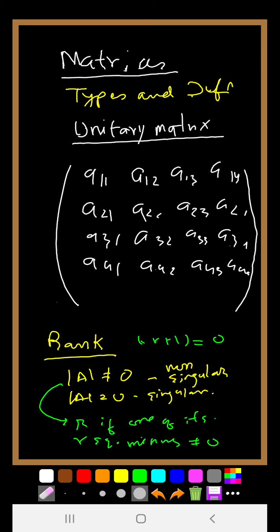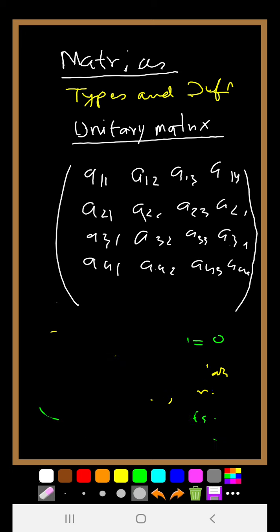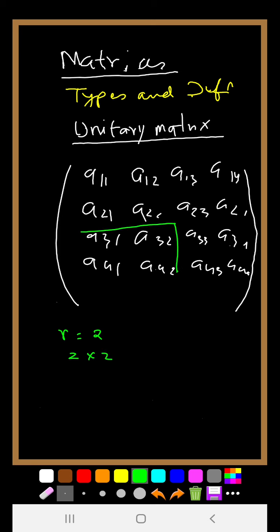Here, if we say that the rank of the matrix is 2, at least one of its 2 cross 2 determinants, not all, is non-zero.